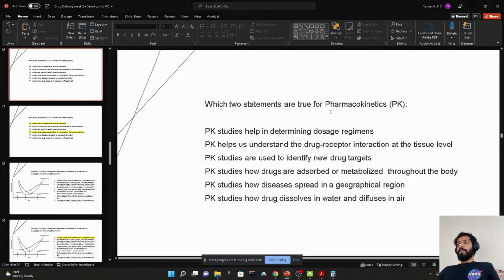So design of dosage regimen is basically determining how often you need to take a drug. If you go to a hospital and the doctor says take paracetamol 3 times a day, that's the dosage regimen. That's option A.